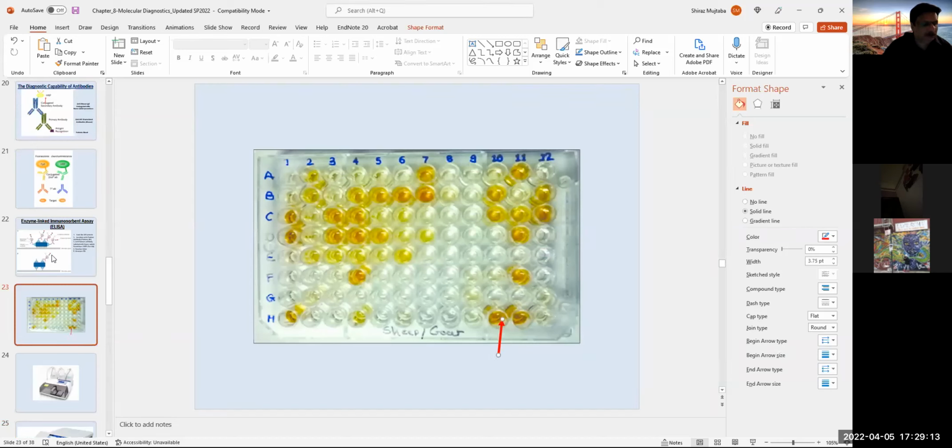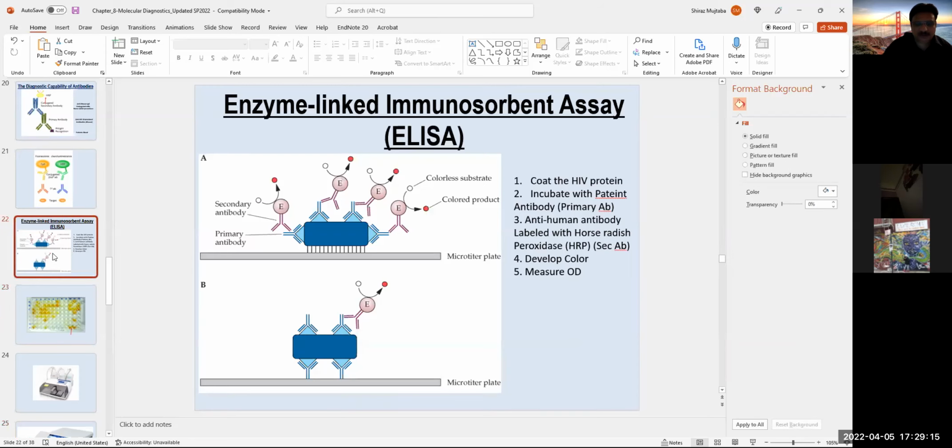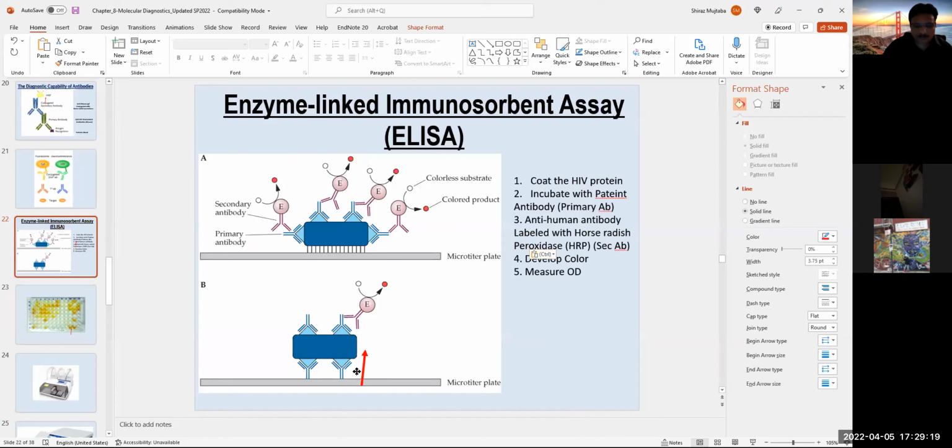So let me just go over the circuit. This is an antigen. This is the antibody, and this antibody is bound by the secondary antibody that has the enzyme HRP. We add the substrate here. The substrate is colorless, but if the circuit is complete, meaning I have antibody, the color develops.